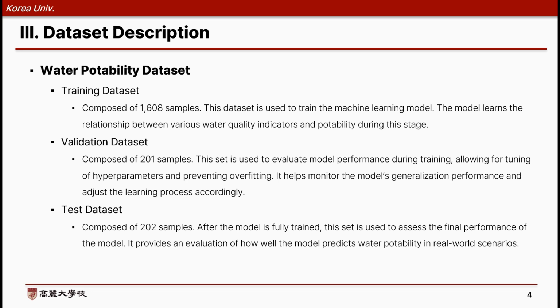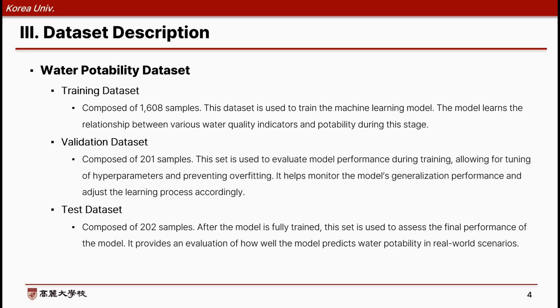First, the train dataset consists of 1,608 samples and is used to train the machine learning model, allowing it to learn the relationship between various water quality indicators and potability.